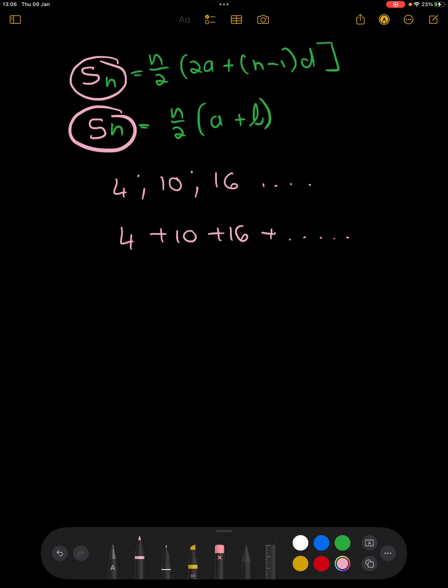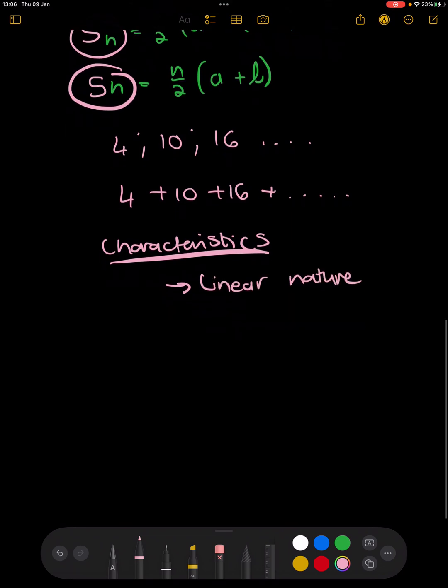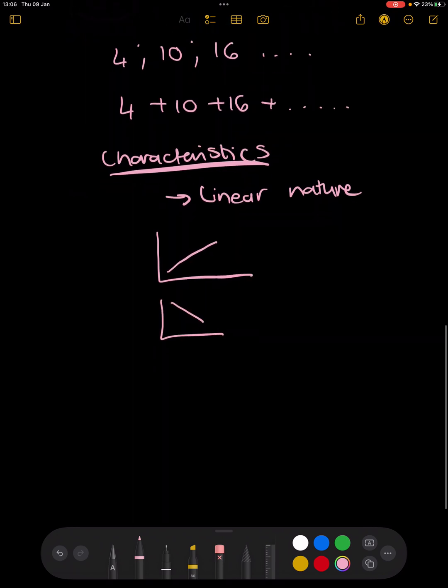So the characteristics of an arithmetic sequence. Number 1, it's linear in nature, which means it forms a pattern that can be plotted on a graph in a straight line. So if I had to plot it, it would either look like that or it would look like that.